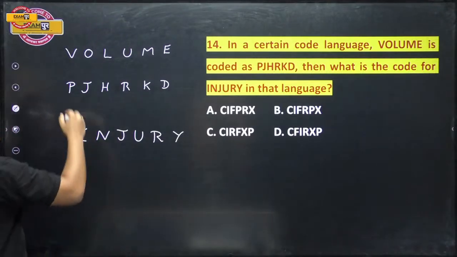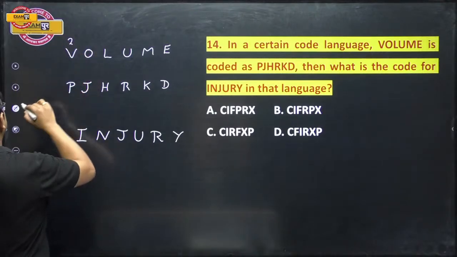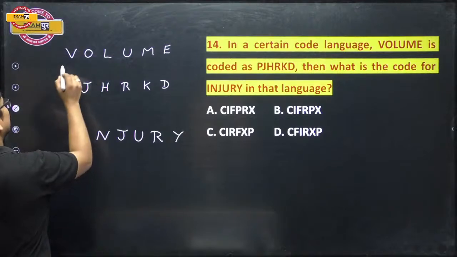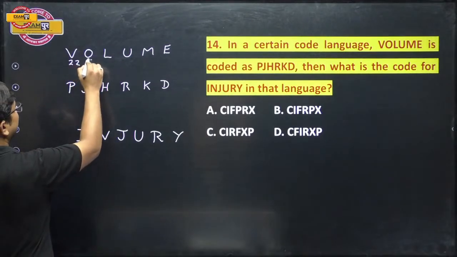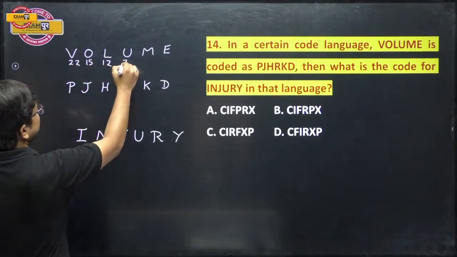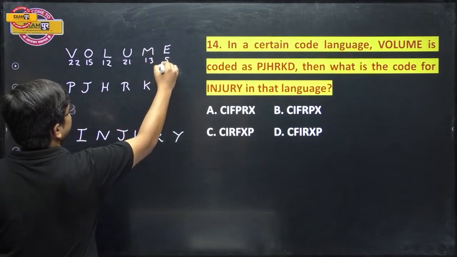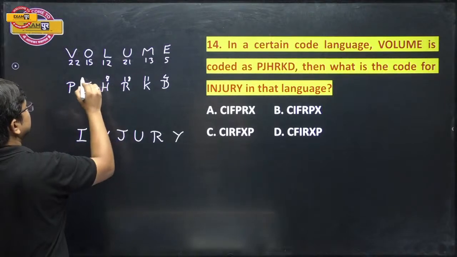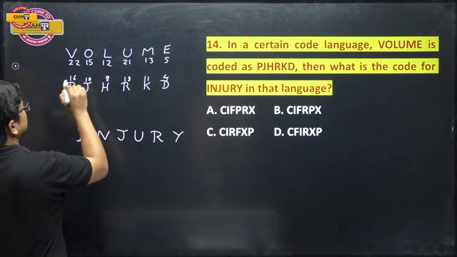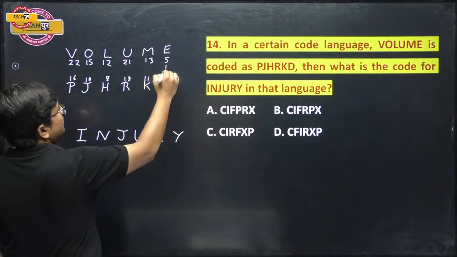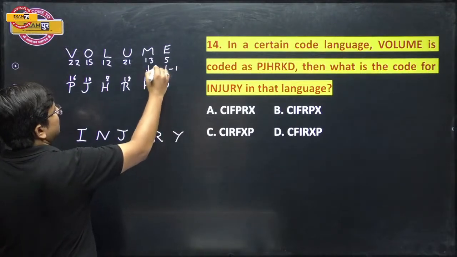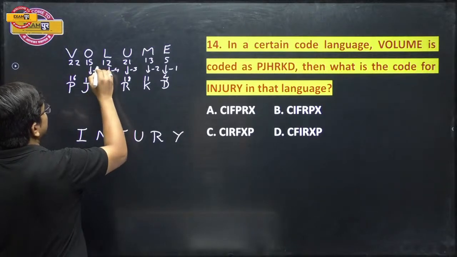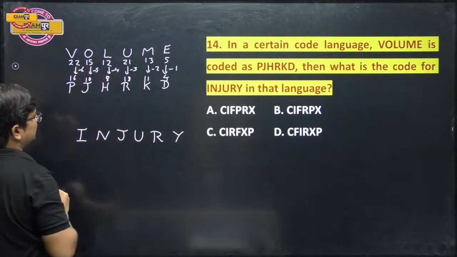See here, if you see the position of the letters, majority of the questions of your category will be solved by seeing the positions of the letters. Now see, -1, -2, -3, -4, -5, -6, and so on.